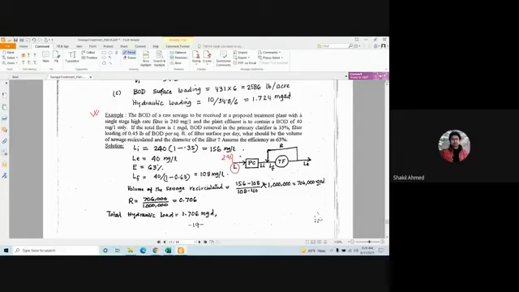The plant effluent is to contain a BOD of 40 milligram per liter only. That means the effluent BOD, final BOD, should be 40 milligram per liter.